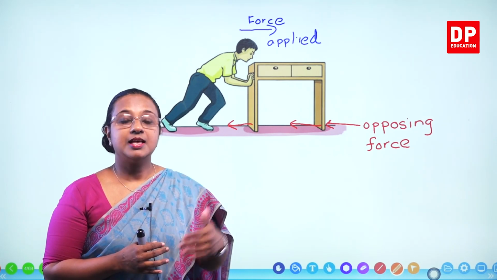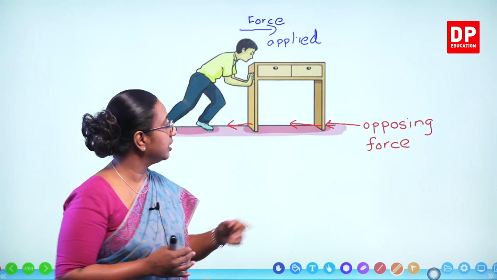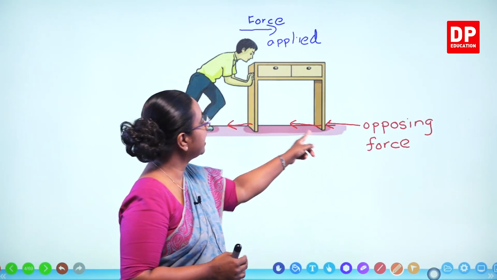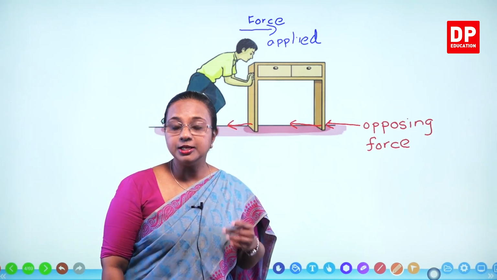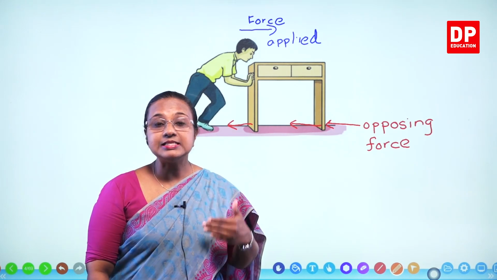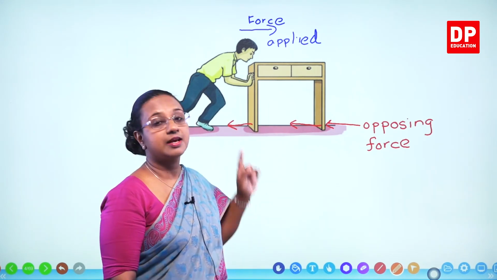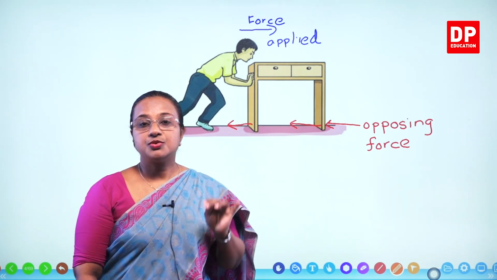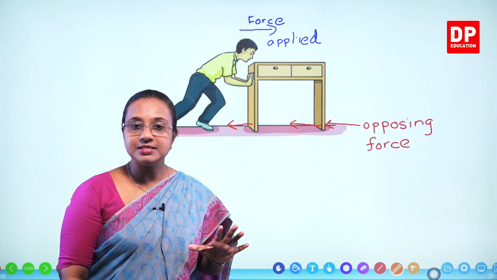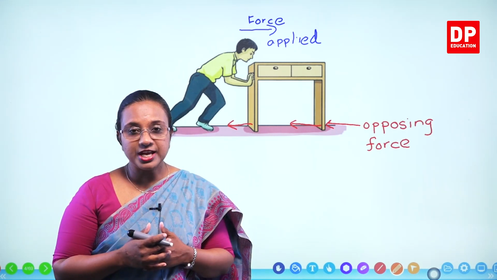The reason is there is a limit to the opposing force that can be exerted by the floor against the movement of this table.